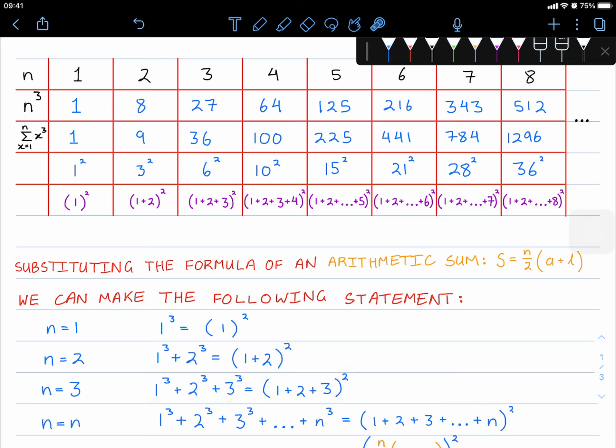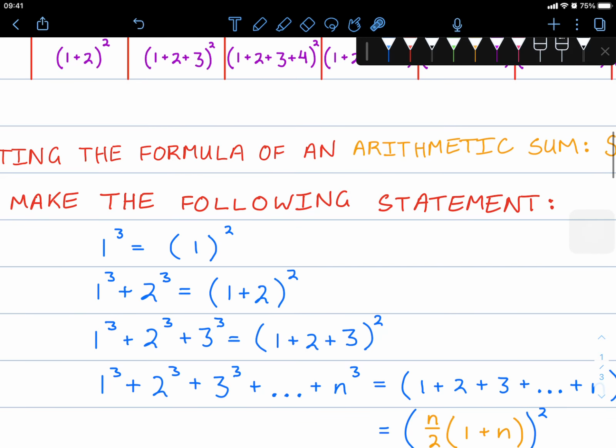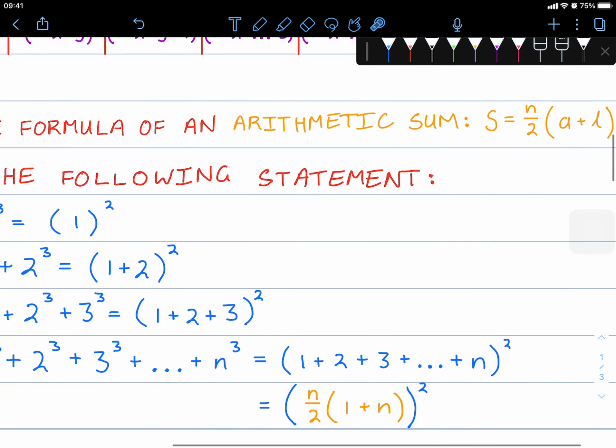squared. And if we keep going to the nth term, 1 cubed plus 2 cubed plus 3 cubed plus on and on up until whatever nth cube that we want, it seems to be the case that it's the same as 1 plus 2 plus 3 plus 4 plus all the way to the nth, all squared.